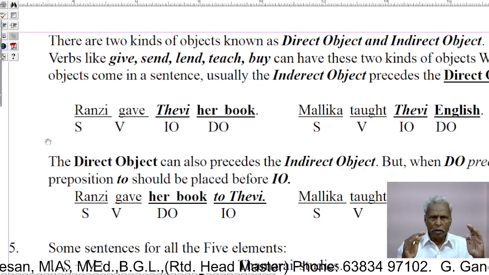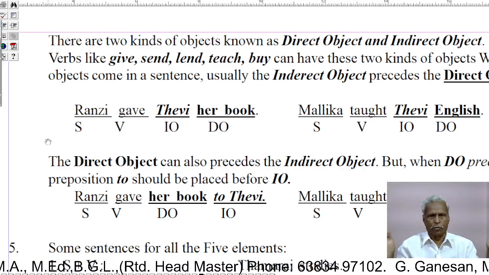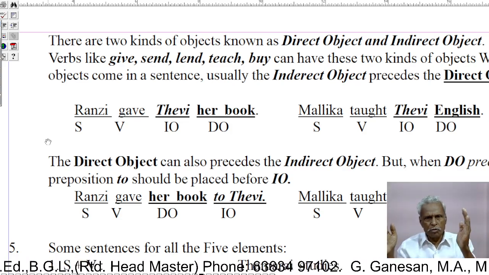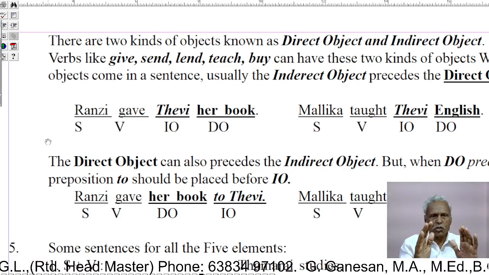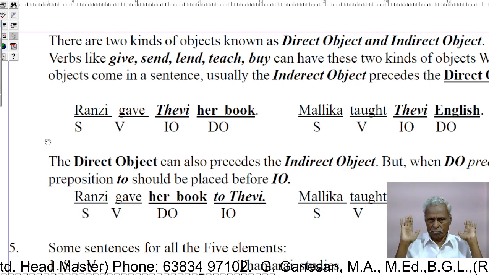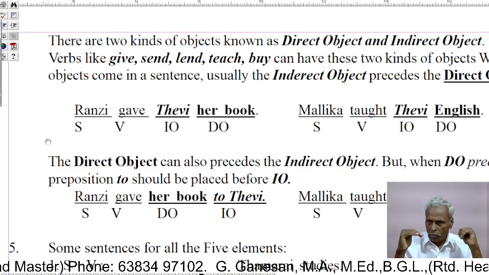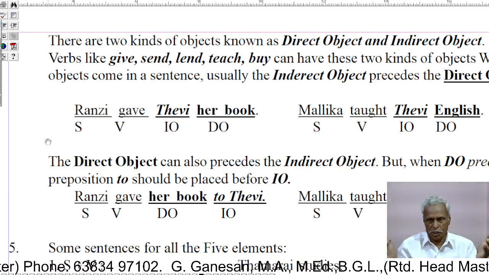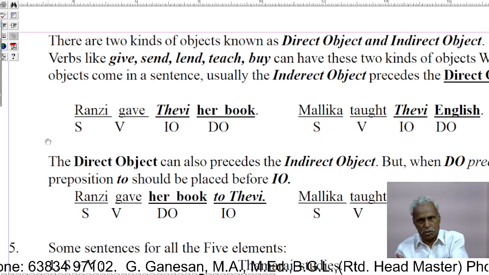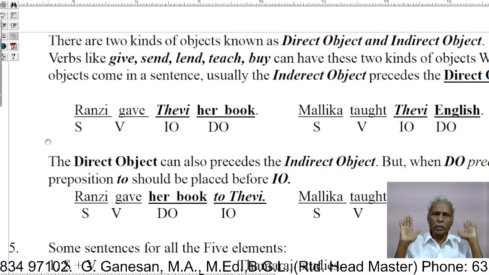Example: Ronnie gave Devi her book. Her book is the direct object. Devi is the indirect object. Another example: Mallika taught Devi English. English is the direct object. Devi is the indirect object.